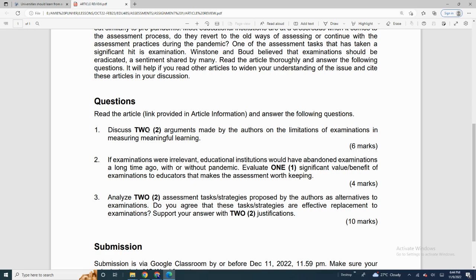So two arguments, two paragraphs; one value, one paragraph; two justifications, two paragraphs. All right. So two paragraphs should be slightly more than half a page. That should be the yardstick. But if you want to go longer than that, hey, do impress us. We'll be more than happy to read your wonderful answers.